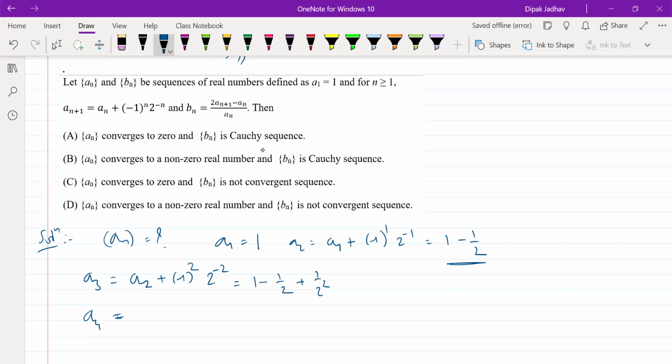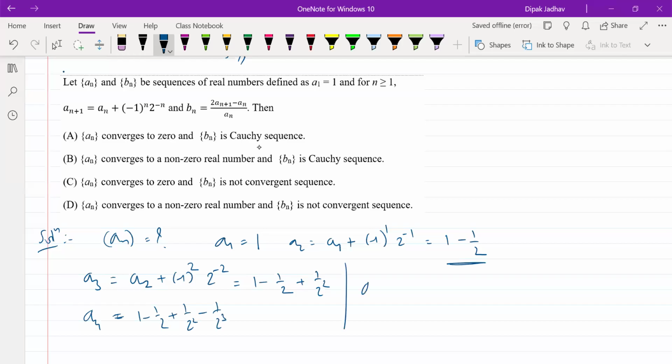Compute A4. If you have computed it, it will be like this: 1 minus half plus 1 by 2 square minus 1 by 2 cube.